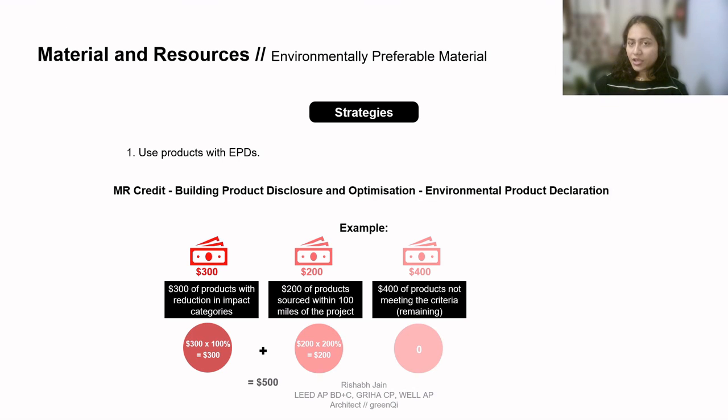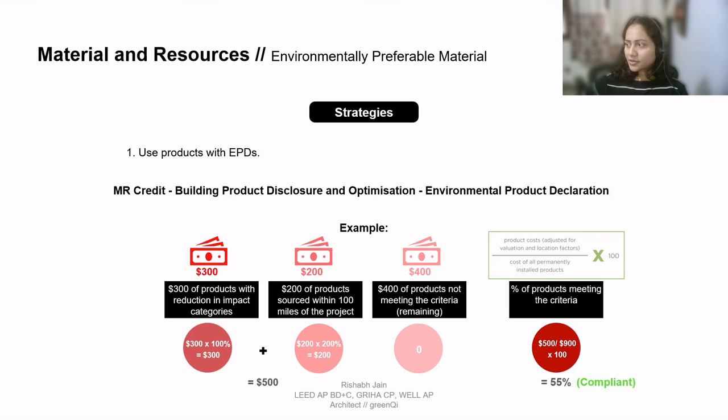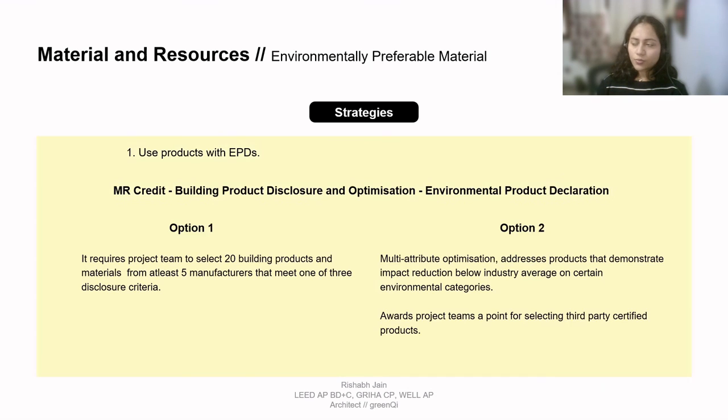That would be my cost for the optimized material, and then I will calculate it from the total amount. So I am getting 55%. So 55% of my materials are meeting the criteria. So 55%, this is by cost. So this is not done by quantity or the number of materials like in the other option. So again, this is the compliant scenario.